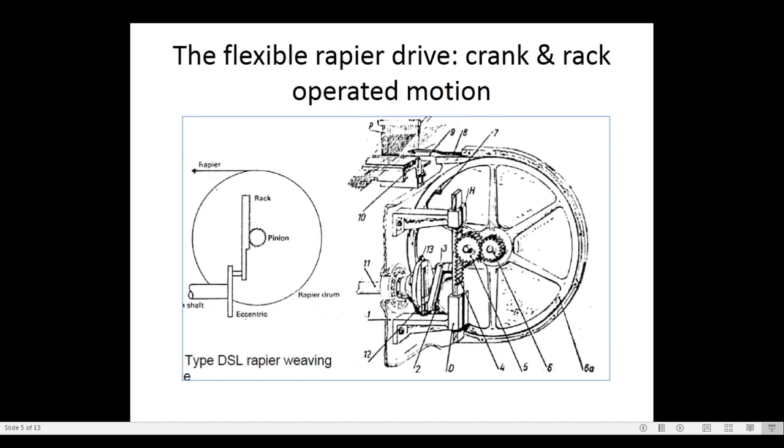Here we can see this is giving drive to this big wheel. This big wheel is called the flywheel. The flywheel is moving one time clockwise and one time anti-clockwise.